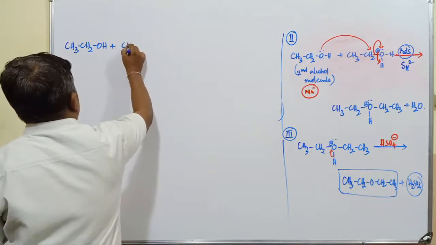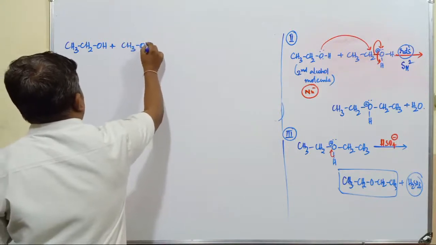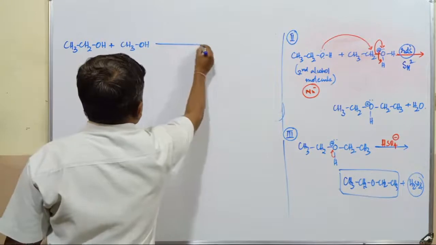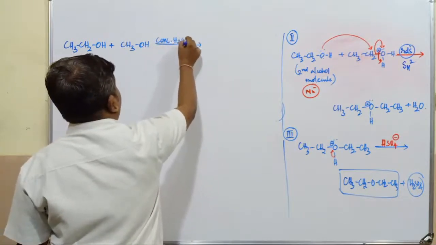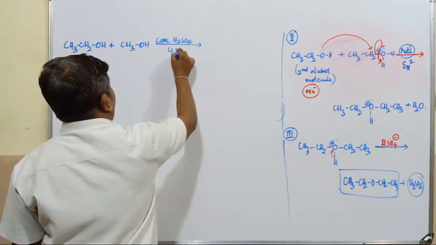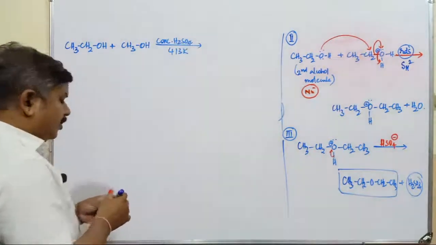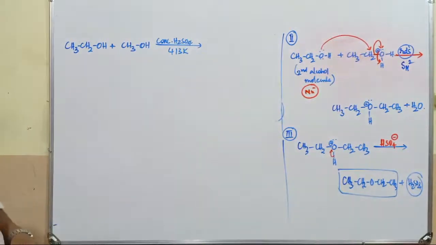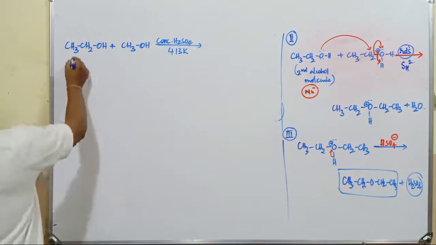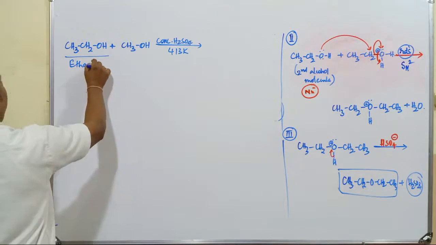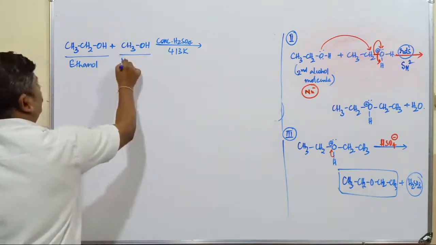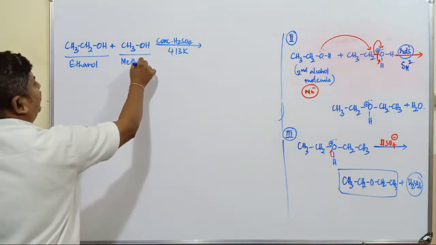Now when these two alcohols are treated with concentrated sulfuric acid at 413 Kelvin, whether the formation of ether takes place or not. What's the name of this compound? Ethanol, a primary alcohol. And this is methanol, a primary alcohol. Both are primary.